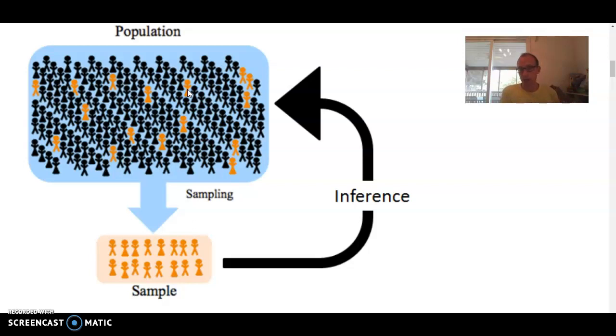Random assignment is different than random sampling. Random assignment, which is part of experiments, is saying we already have the sample collected. So the randomness there isn't about choosing the sample. It's about once you have the sample, you try to figure out which ones are going to get the treatment or one of the levels of the treatment and which group is going to get the control.